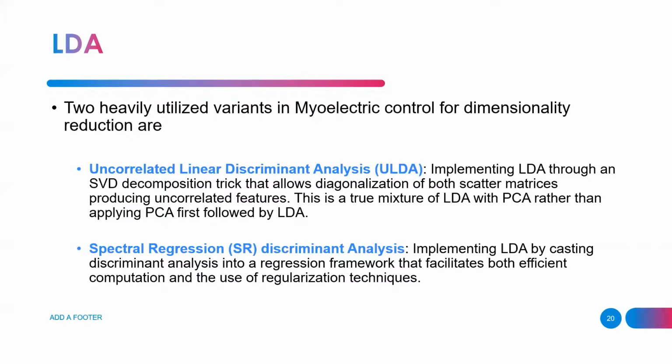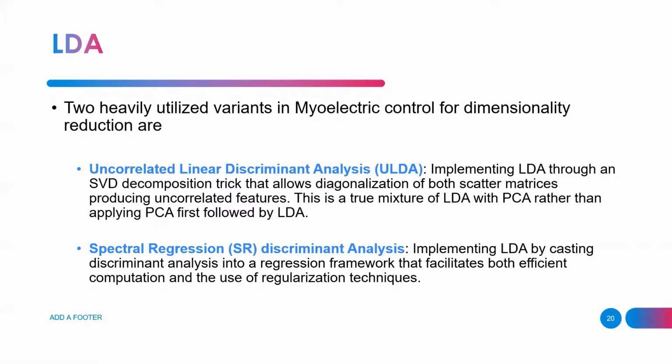I can change the way that I'm performing the eigenvector decomposition and take that away and apply a singular value decomposition and generate uncorrelated features while guaranteeing the linear discriminant analysis approach is still there.